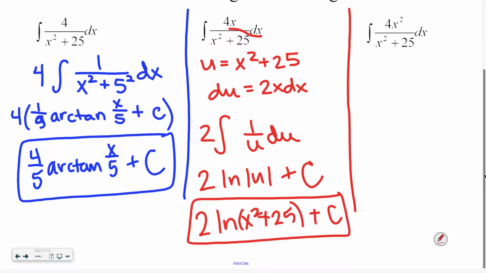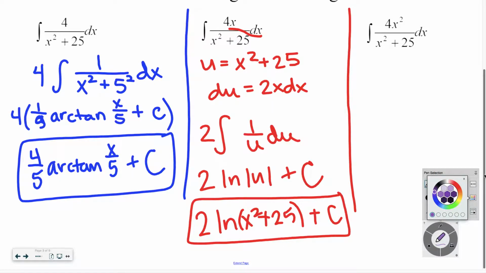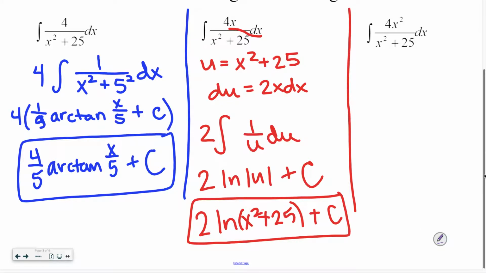Okay. The third one. I would still do u substitution. How? Plug in the relationship between u and x, u equals x squared.